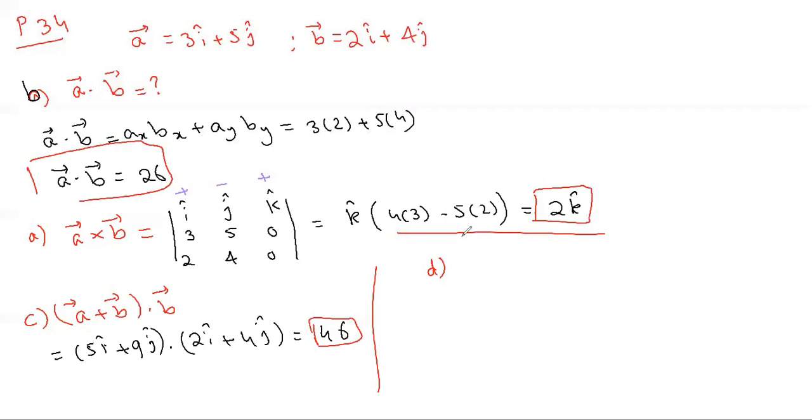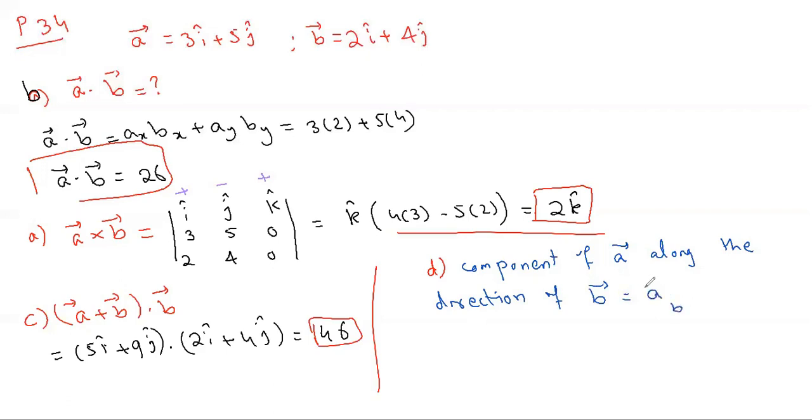So in part D, find component of A along the direction of B. So what we have to find? We have to find A, B, the component of A along the direction of B.